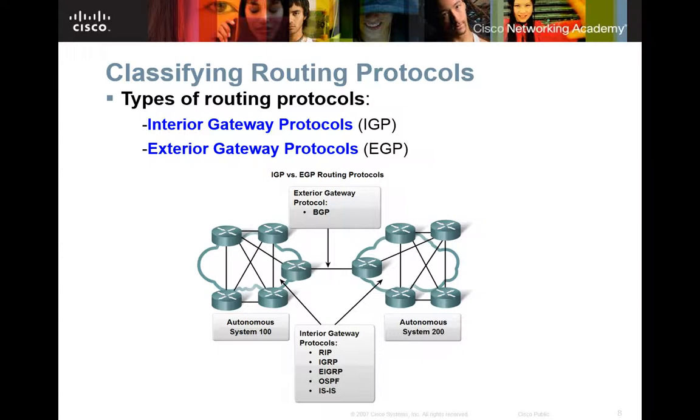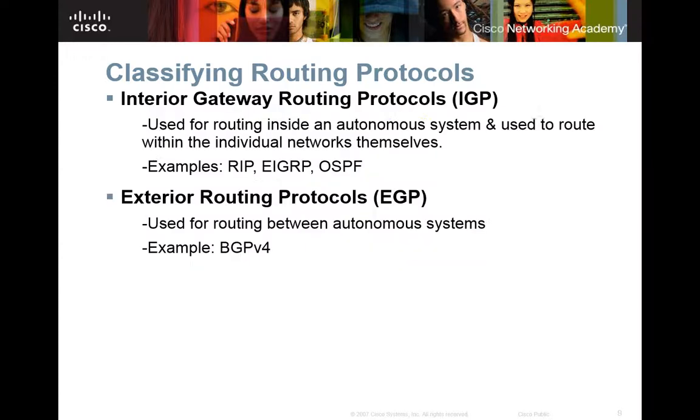The autonomous system number is what makes these routers basically a virtual group. I put them together by an autonomous number. Does that make sense? Y'all with me, right? Haven't lost you? Interior gateway protocols are going to be RIP, EIGRP, and OSPF. Exteriors are going to be your border gateway protocols, or BGPs.